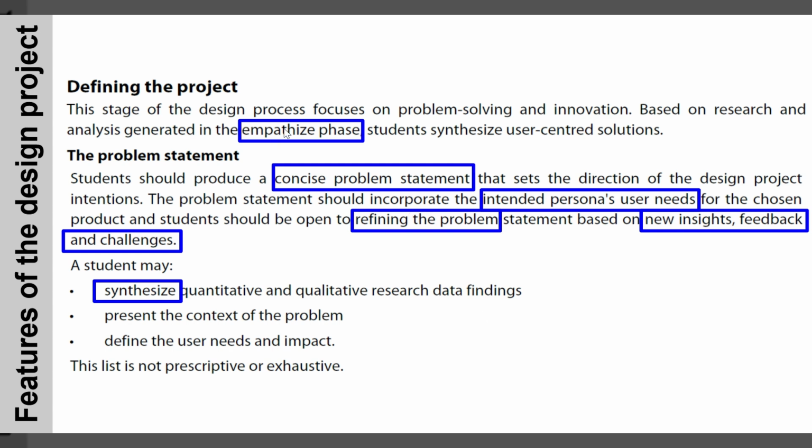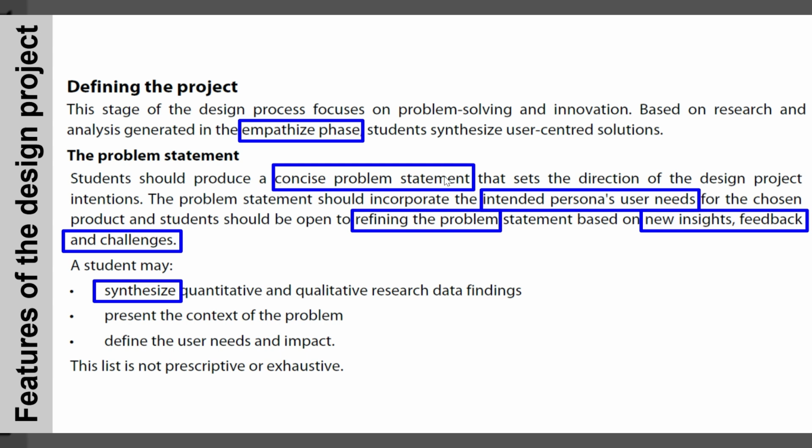So basically, the emphasize phase is basically criterion A. So you're not presenting new research in criterion B at all. That should be all done in criterion A. Students should produce a concise problem statement.